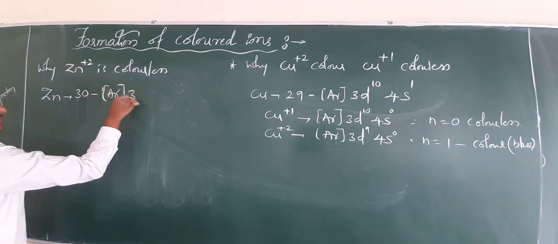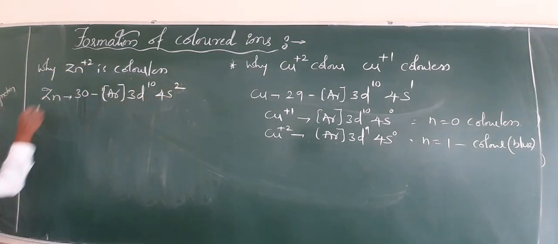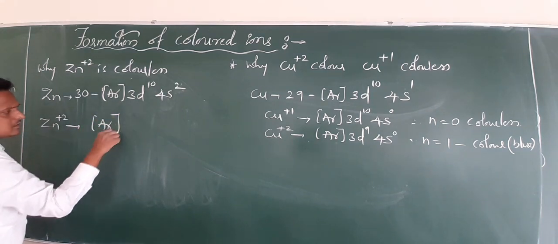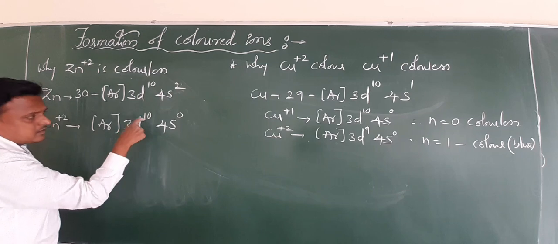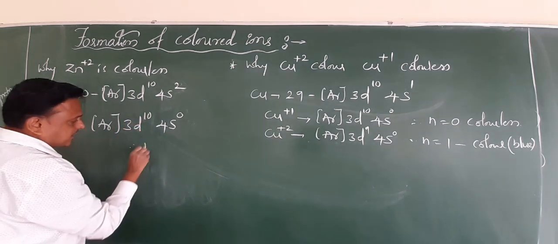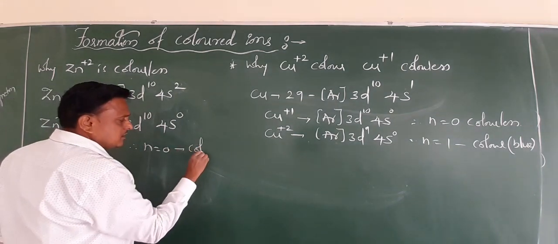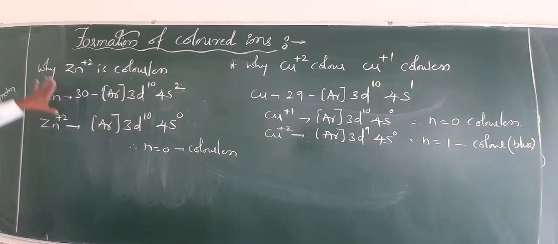Argon 3d10 4s2. Plus 2 stands for loss of 2 electrons. Argon 3d10 4s0. D10 system. Due to this reason, d10, n is equal to 0. If n equal to 0, the compound is colorless.